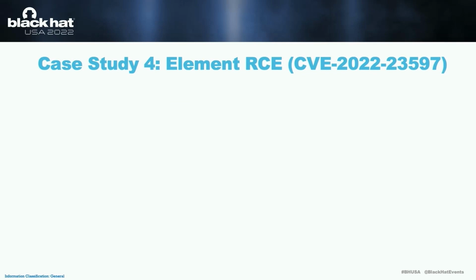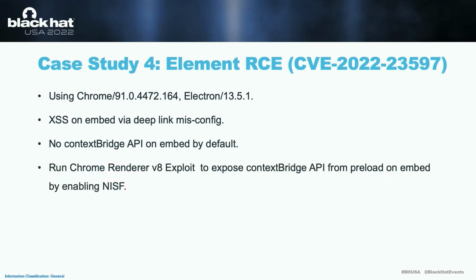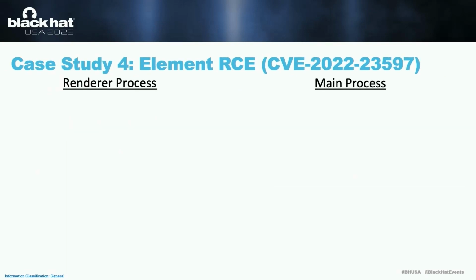Element is a really famous application. It is using Chrome 91 and Electron 13. There is an XSS on Embed through a deep link misconfiguration, and no context bridge API on Embed is exposed by default. So same story: you run the Chrome V8 exploit, expose the context bridge API, and then perform your exploit.